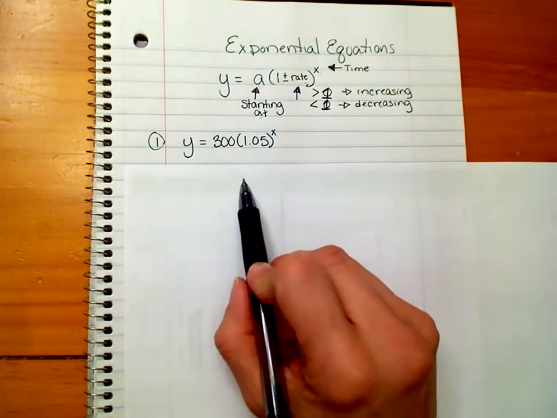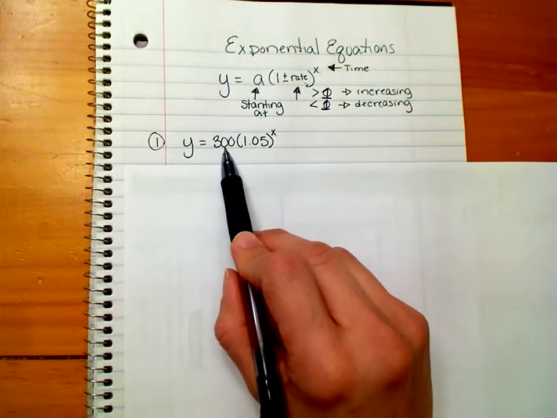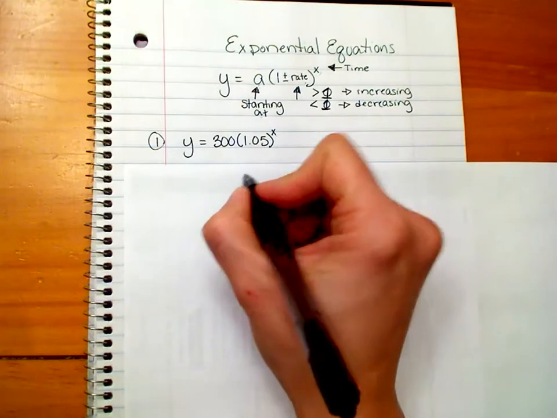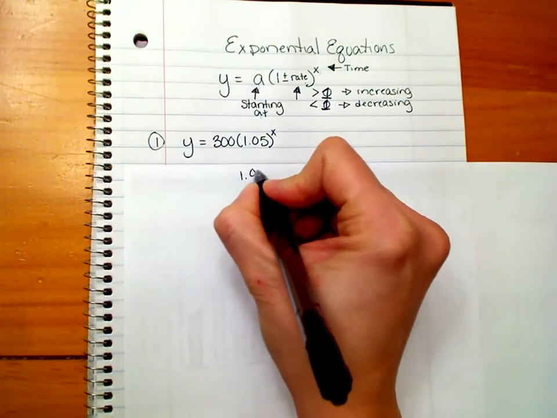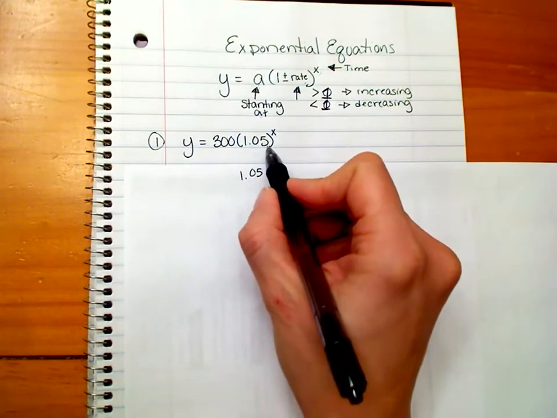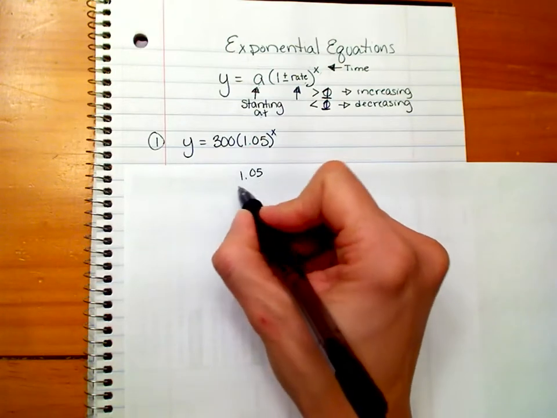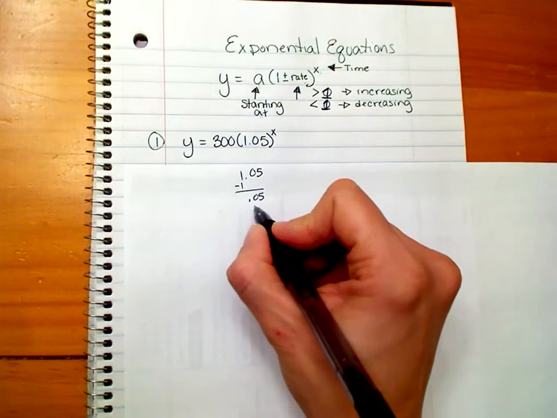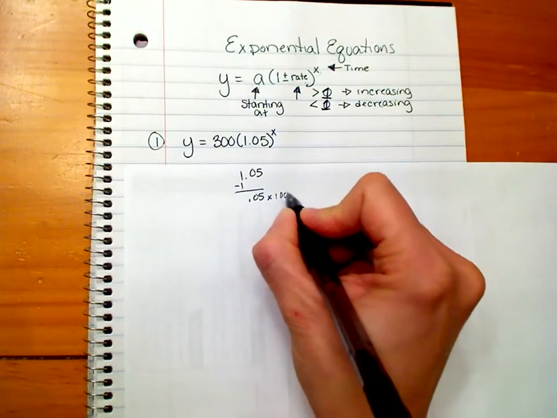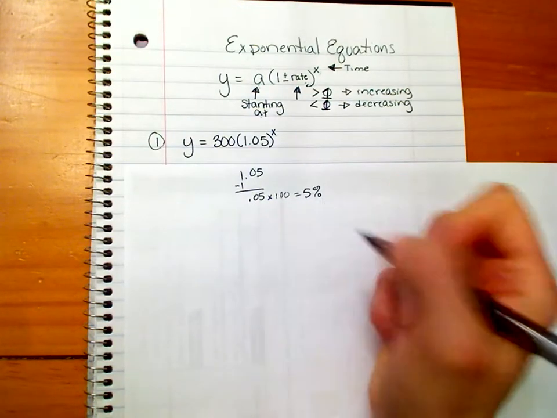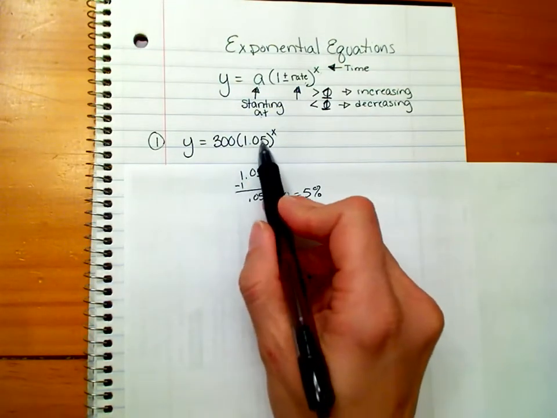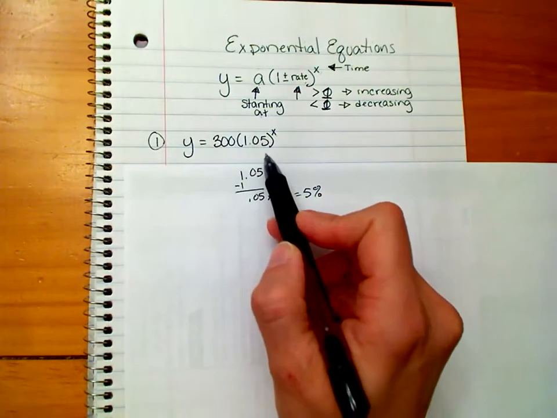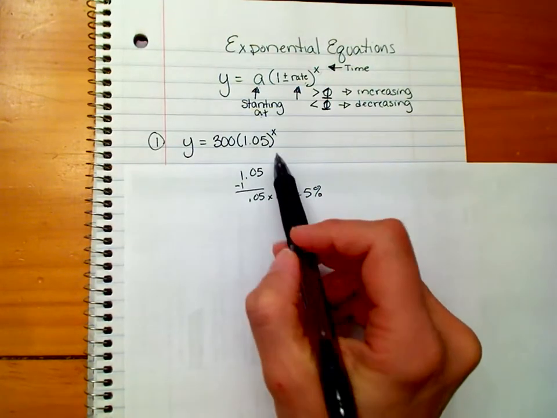So it could be something like, I have $300 in a bank account, and I am getting 5% interest, because remember, if I take away 1 from 1.05, then that is 0.05, and if I change it to a percent by multiplying by 100, I get 5%. So that is how I know that it's 5%. It's whatever this number is minus 1, and then you times it by 100.